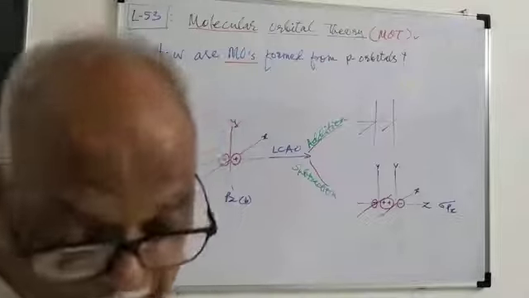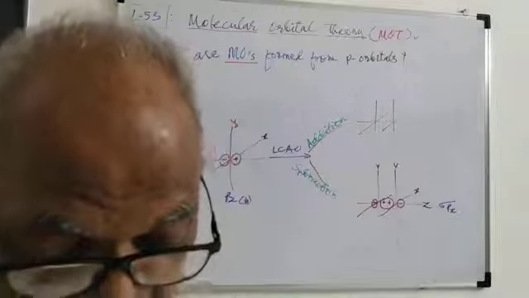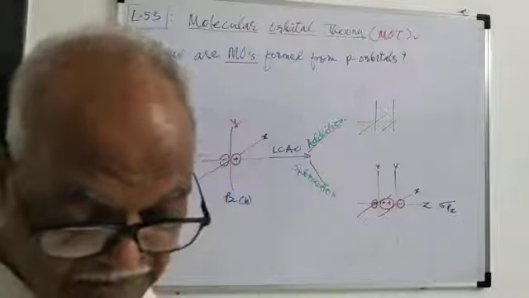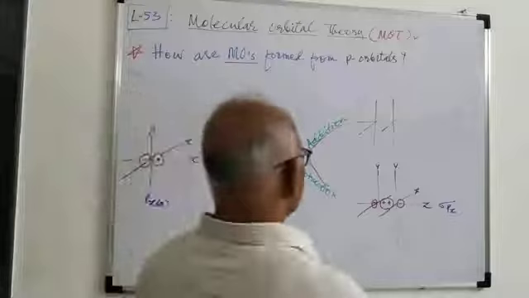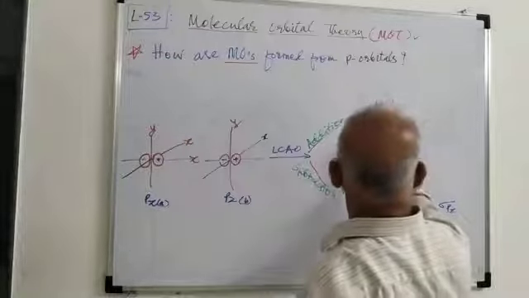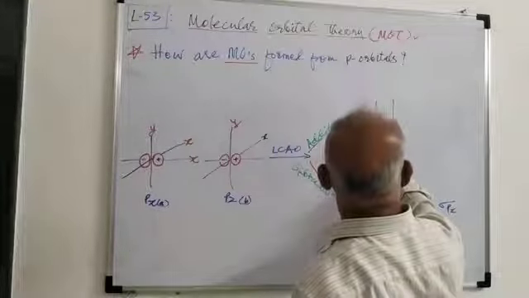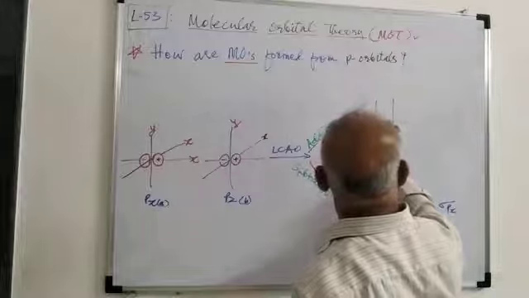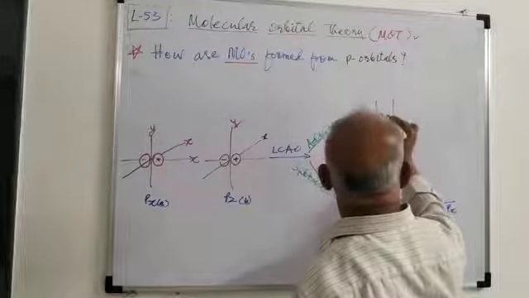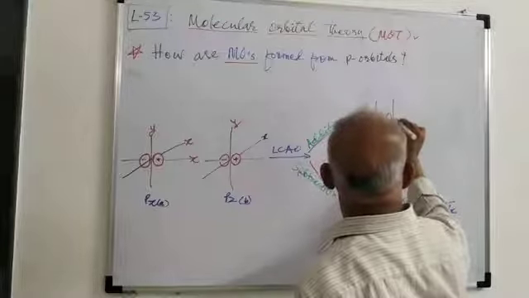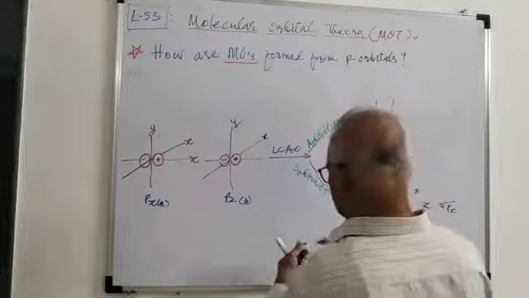The signs of wave functions are becoming opposite to each other. So as a result of this, the lobes are shown in this way.